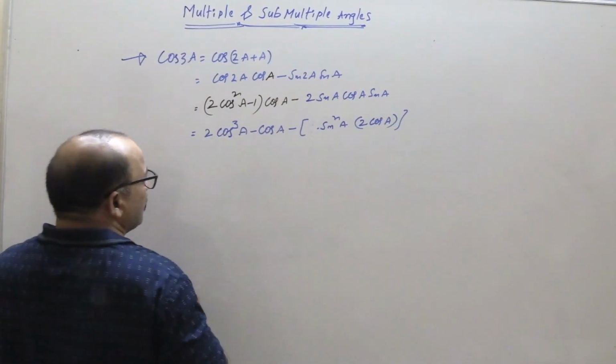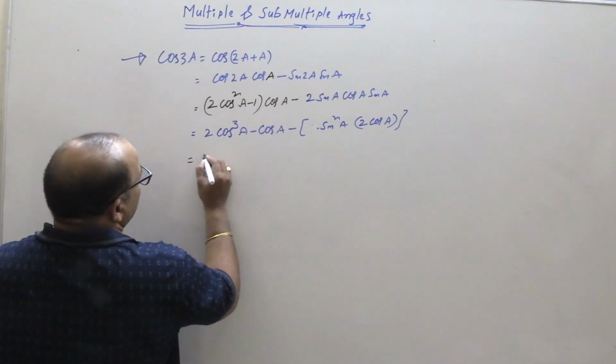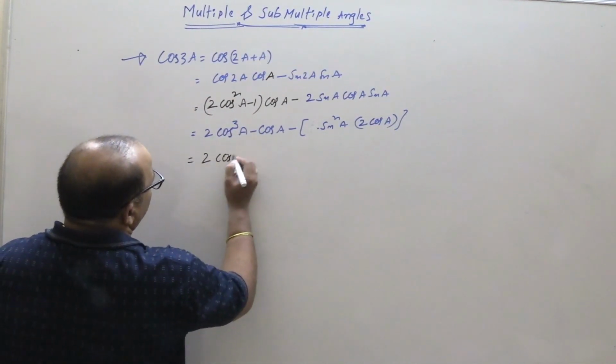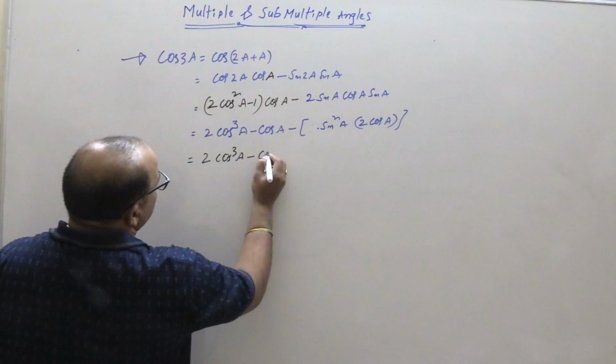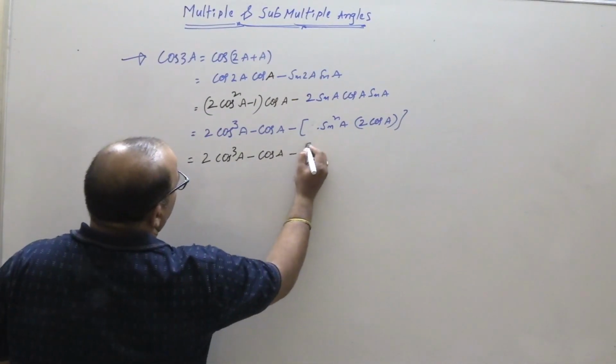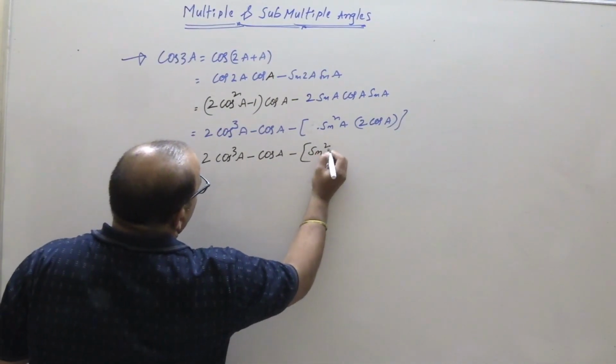Now break that formula, students. Sin square a, this is 2 cos cube a minus cos a minus sin square a.